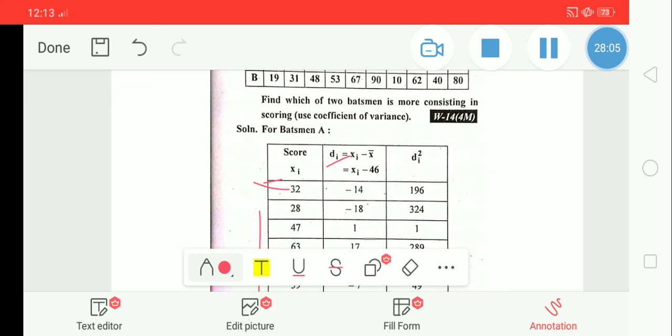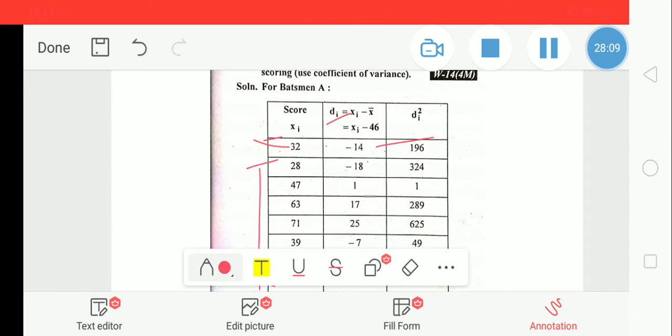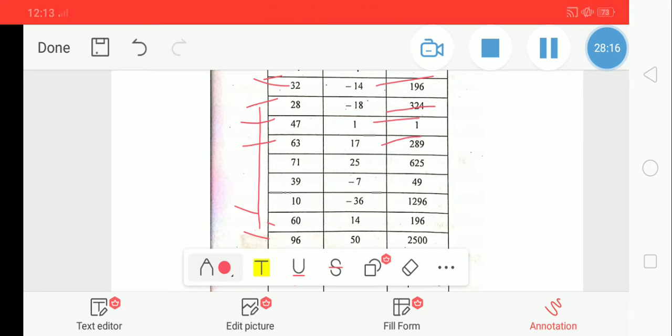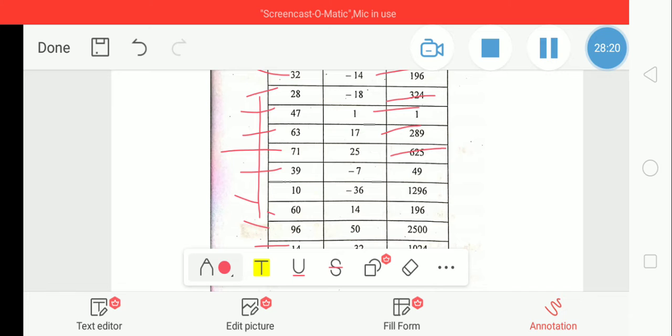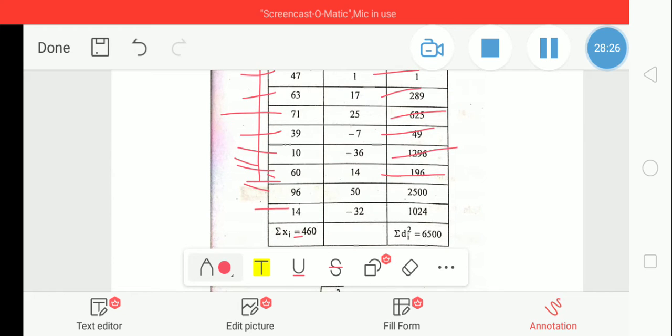So now xi minus 46 means 32 minus 46. So minus 14, 28 minus 46, so minus 18, 47 minus 46, 1, 63 minus 46, 17, 71 minus 46, 25, 39 minus 46, minus 7, 10 minus 46, minus 36, 60 minus 46, 14, 96 minus 46, 50 and 40, so minus 6.